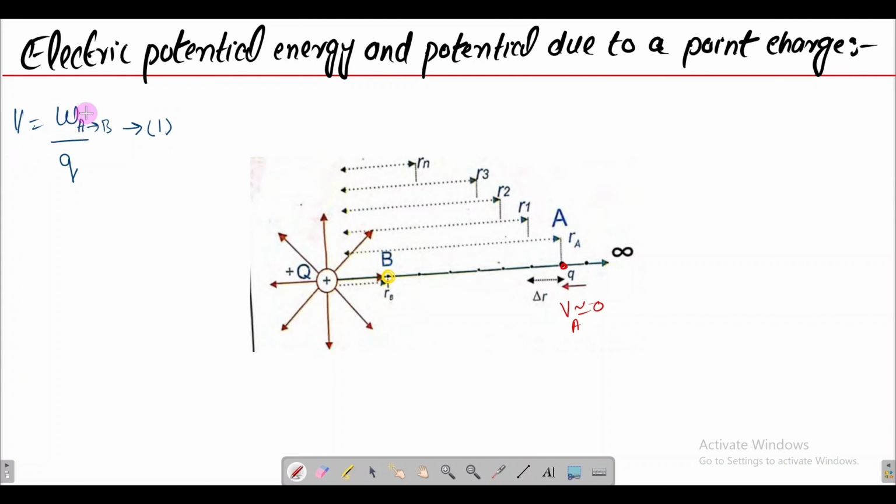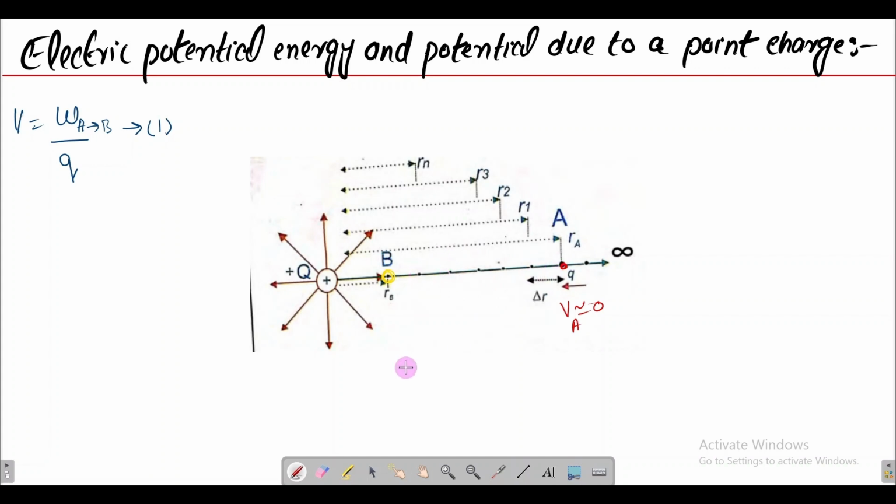For this equation 1, we need to find the work done from this point A to this point B. So in order to find the work done from point A to point B, we will have to convert the distance between point A and point B into small steps.